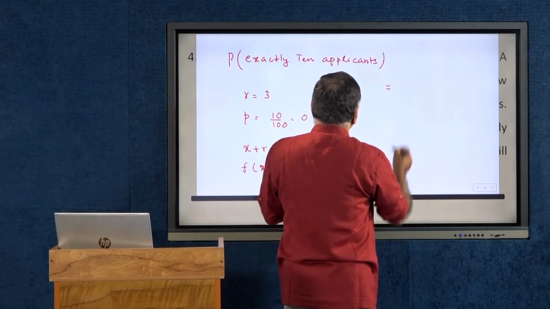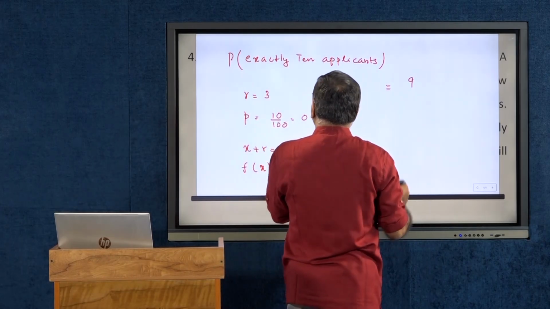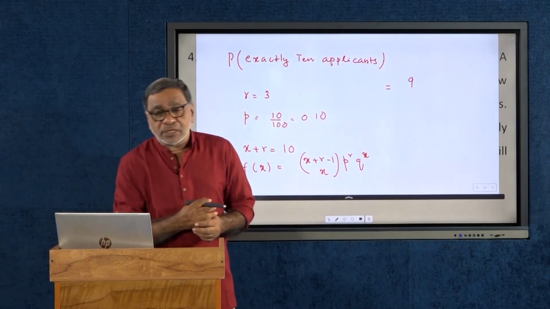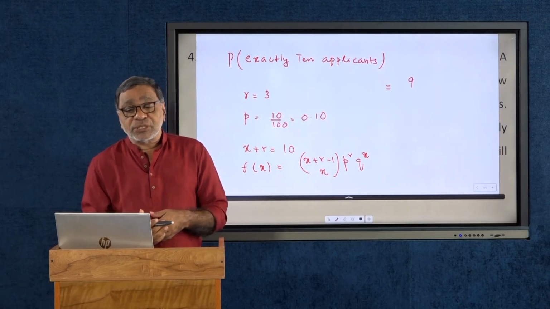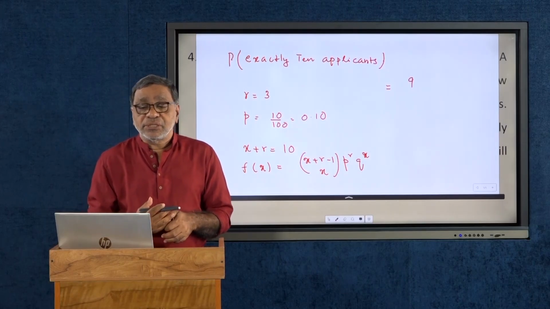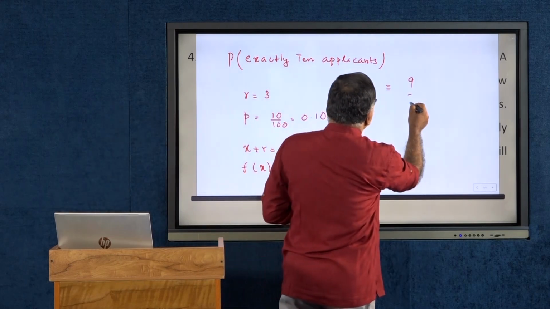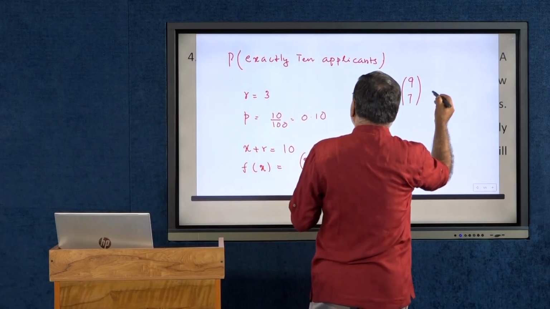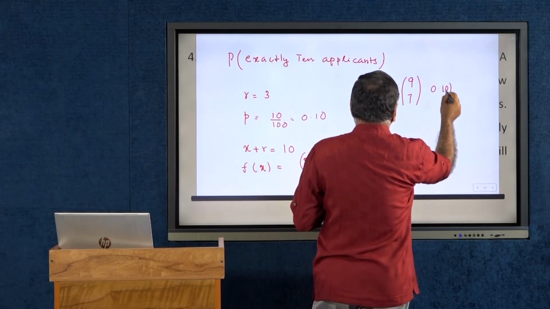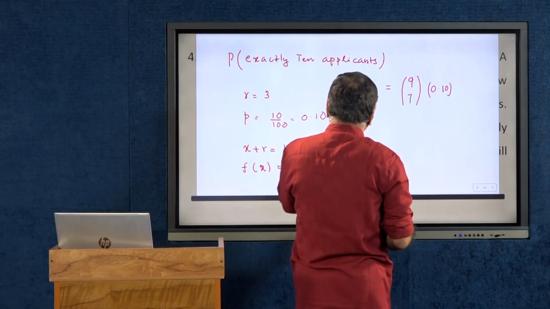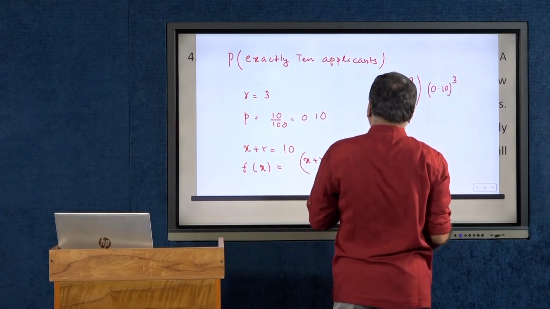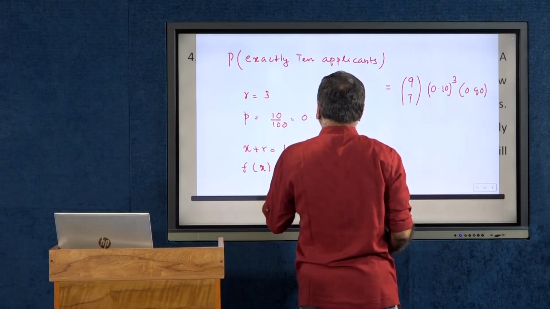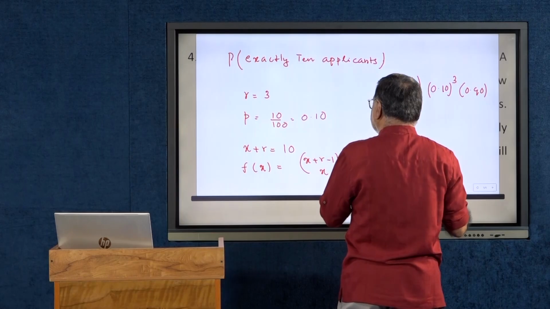X plus r minus 1 means there will be 9, and c x is here, r is equal to 3. So, x plus r is equal to 10 means x is equal to 7. So, x plus r minus 1 c x p power r, p is here 0.10, and that is power r is equal to 3, and q that is 0.90, power x, and x is here 7.